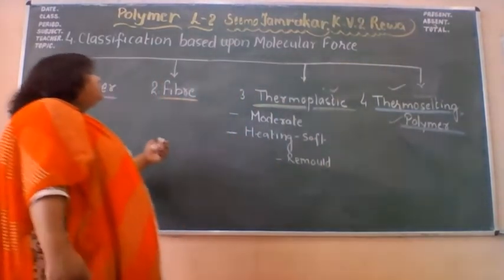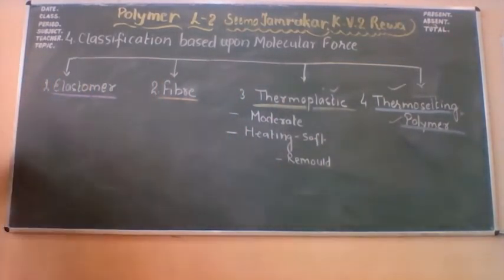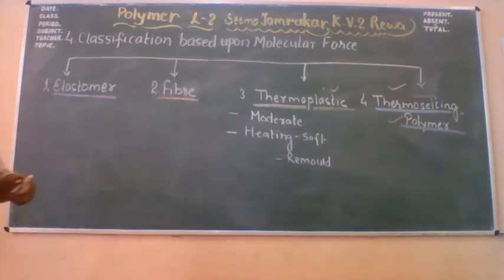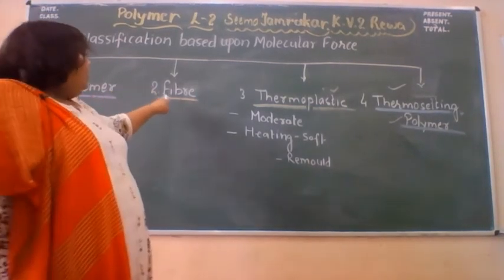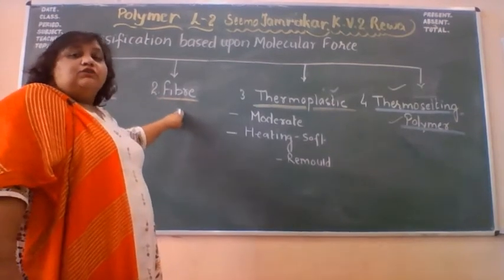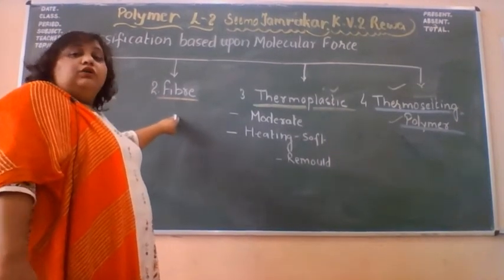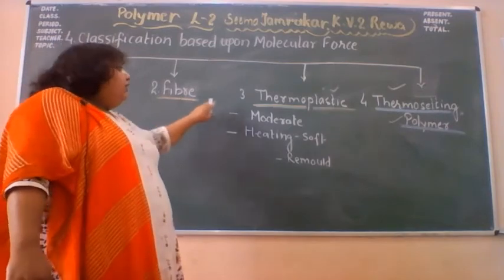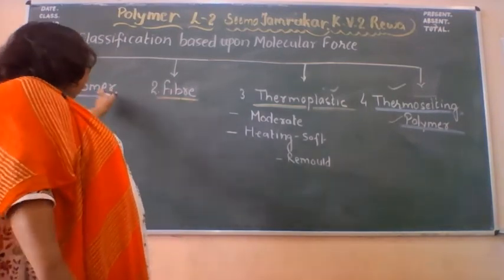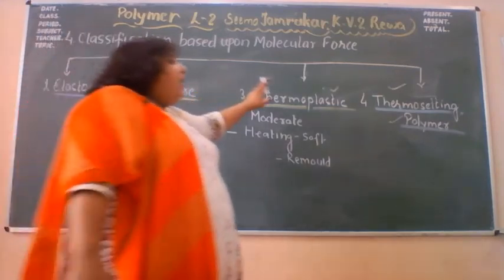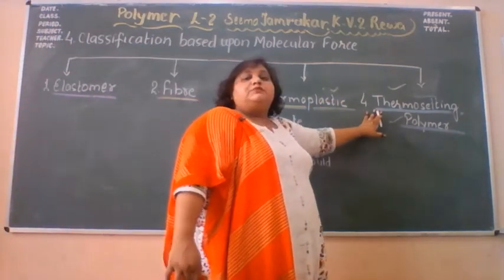So this is the fourth type of the classification, and this classification is based upon the molecular force. Here elastomers have van der Waals force, fibers have hydrogen bonding or the dipole moment. Here the bond is moderate, the strength is between the elastomer and fibers, and here cross linking is present.